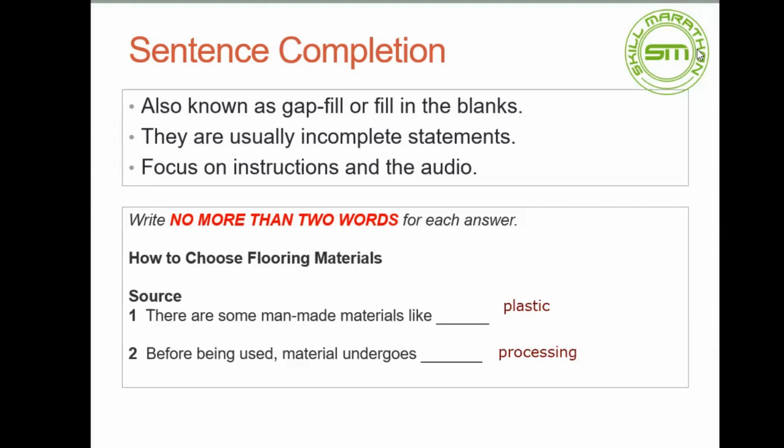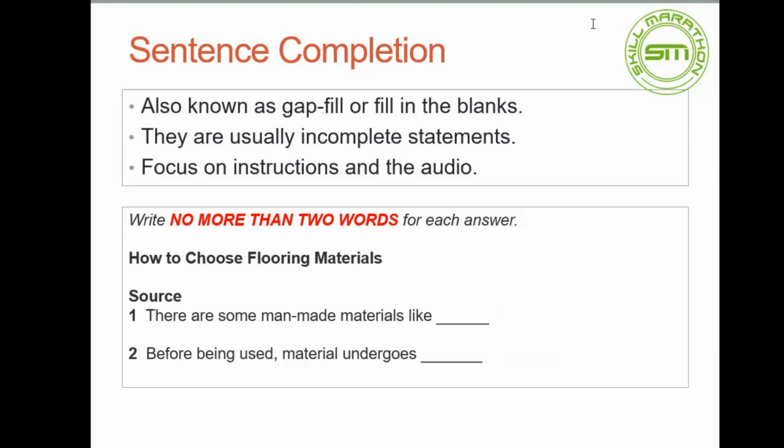So what happened here? They tell you they use a certain material, and then they change the whole statement and say no, man-made material like plastic. So they may do that as well. So focus on the question. Focus on the audio clip and please listen, read and write at the same time. Clear? Any doubts, anybody?